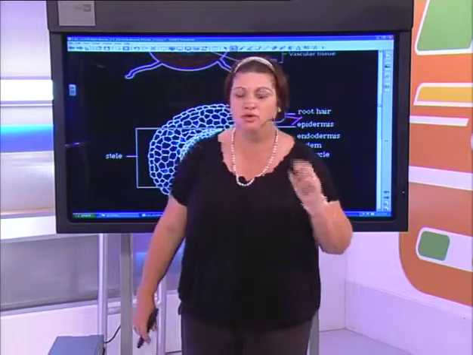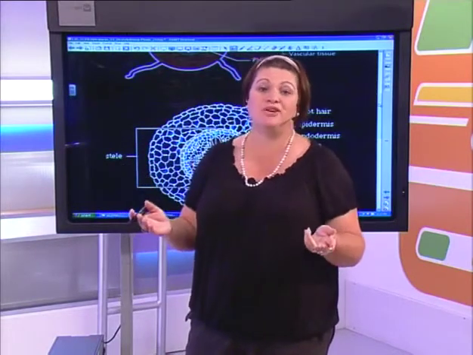So in other words, it's like putting Vaseline around your roots. Now all of a sudden you've got this waxy cuticle, and what can the water not do? Can't come in. So it can't perform its function. So that would be a bit stupid. Okay? So no cuticle in the root, because we don't want the water to not move in or out. We want the water to actually move in.